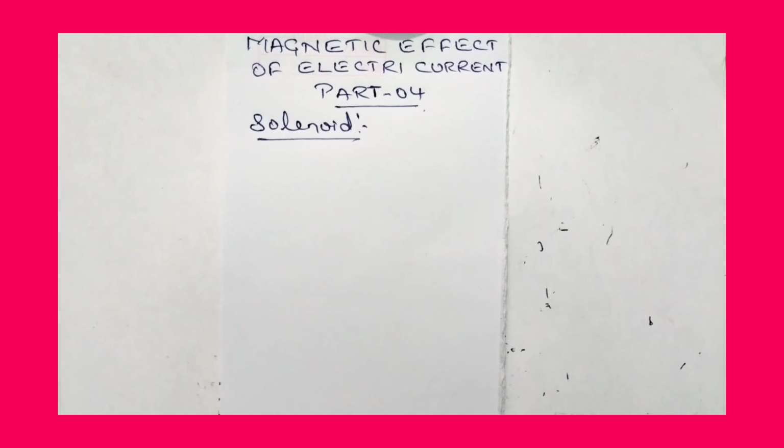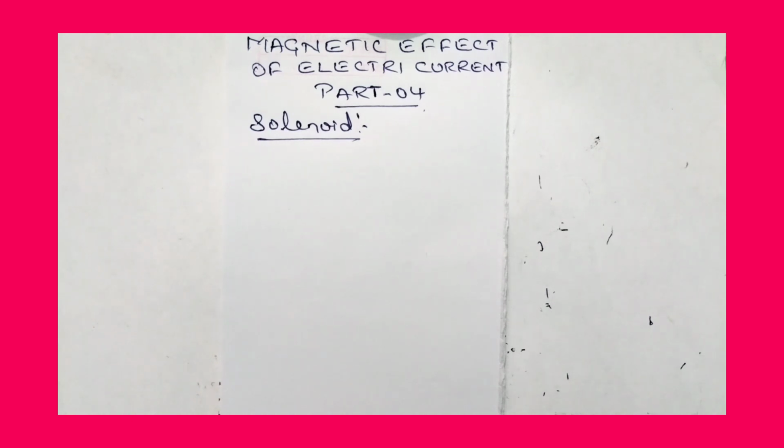Before going to part 4, in the last video we studied how the magnetic field is formed around a circular loop. A circular loop is a collection of many straight lines.